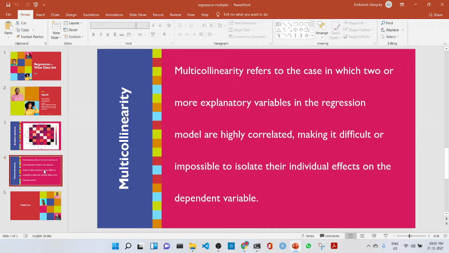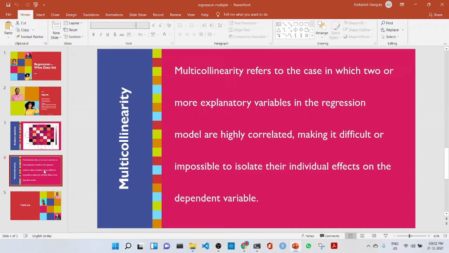So, multicollinearity refers to the case in which two or more explanatory variables in the regression model are highly correlated, making it difficult or impossible to isolate their individual effects on the dependent variable. So, here age and France population are highly and negatively correlated, and therefore it increases the RMSE, the root mean square error.